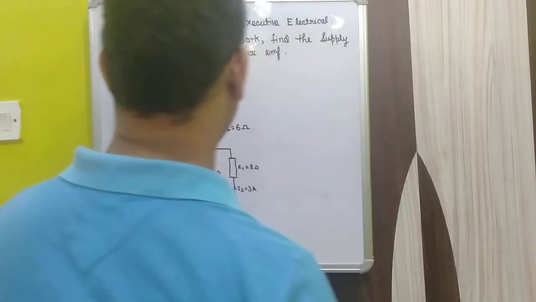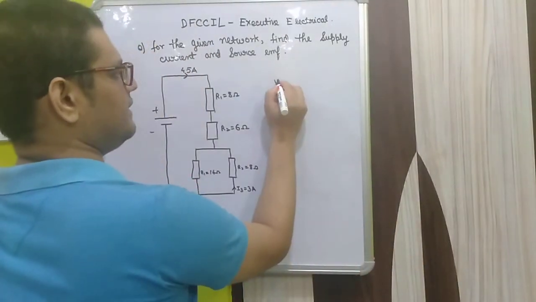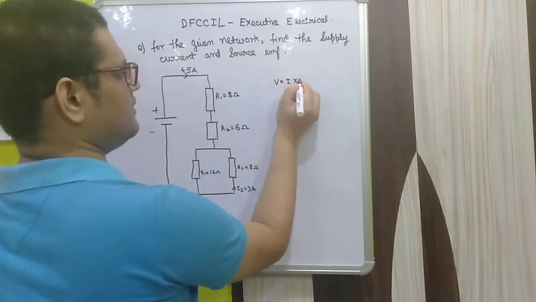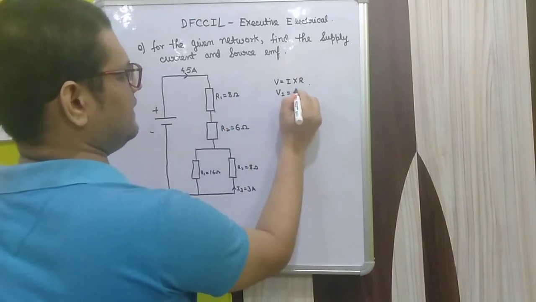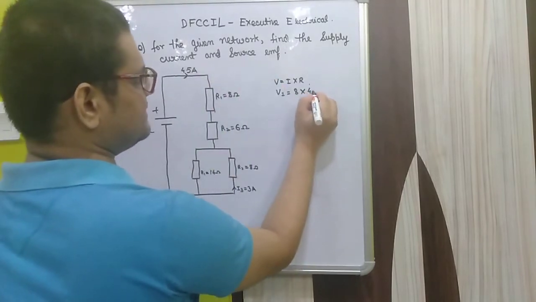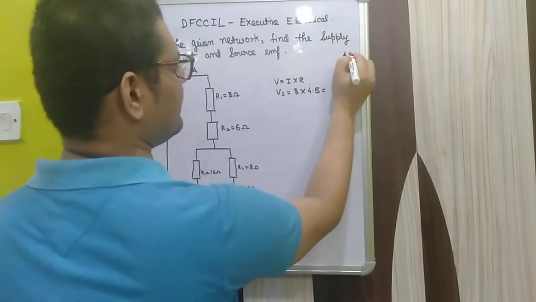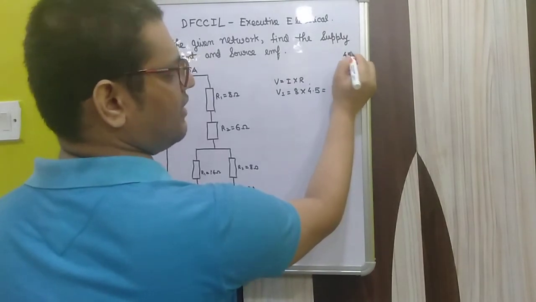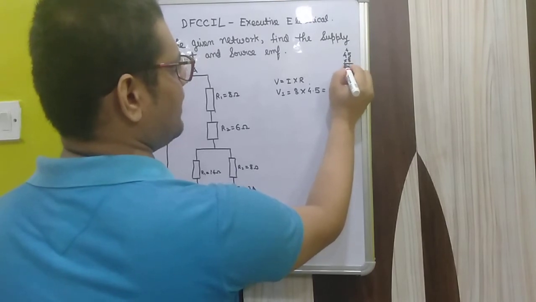So now I proceed with the numericals over here. We know that V is equal to I into R. So we can easily calculate V1. V1 is R1, that is 8, into this 4.5 current going over there. I'm just doing rough work over here: 40 and 32, 36.